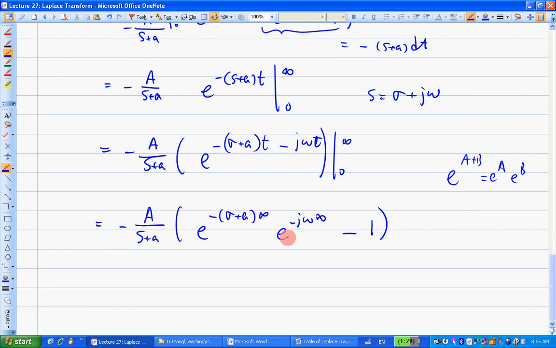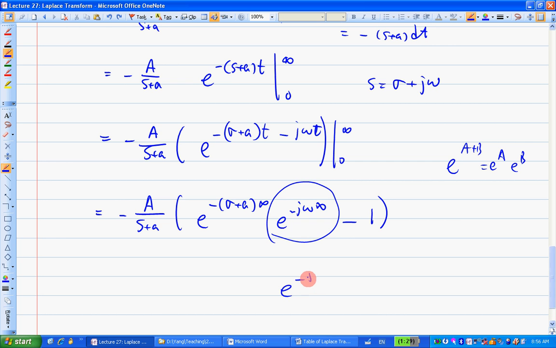Now focus on these two terms and see what they give us. First, this term: e to the power of negative j omega infinity. What does it give us?